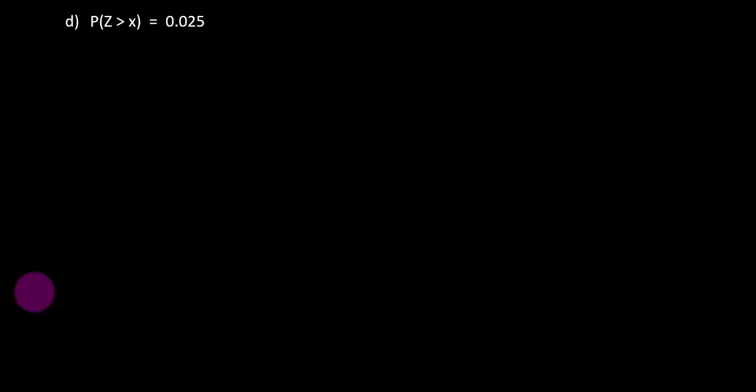Well, notice that the inequality is the greater than symbol. And so in our standard normal z distribution, we're going to think about an area that is shaded to the right. The area is quite small, 0.025.